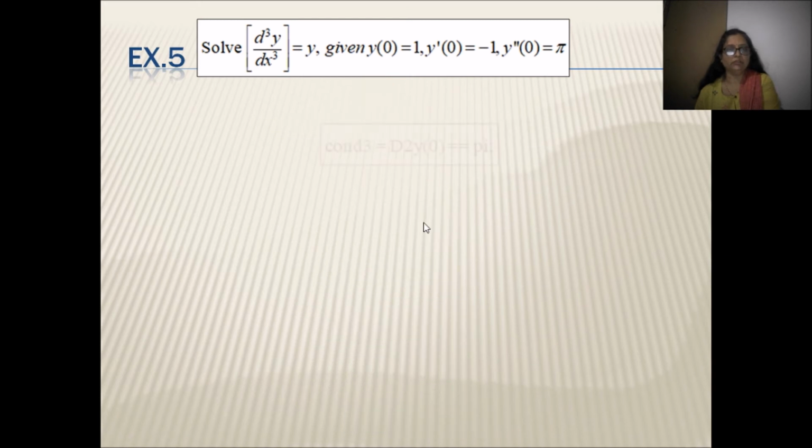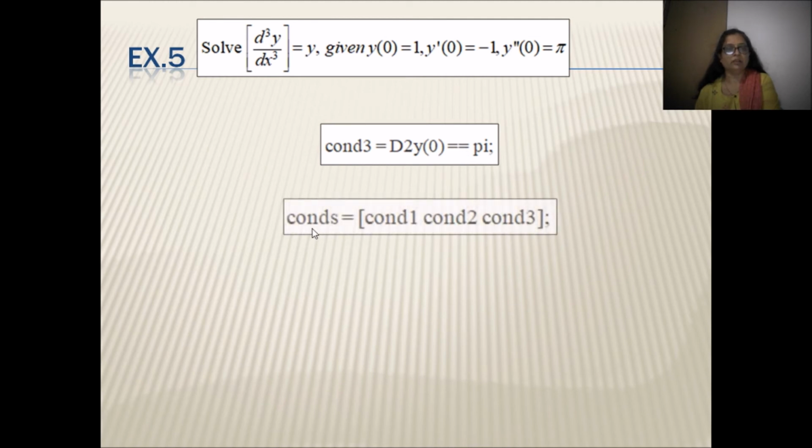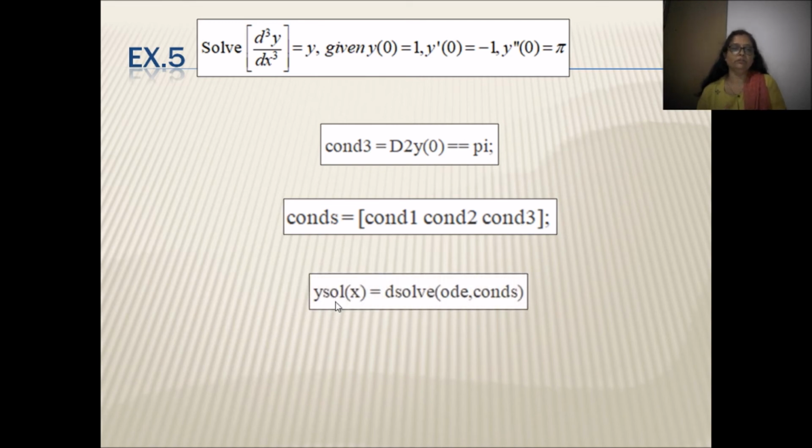Now third condition, condition 3 equal to d2y of 0 double equal y. Now we define conditions in square bracket, condition 1, condition 2 and condition 3, and then find the solution. Last step is y solution of x equal to dsolve ODE comma conditions.